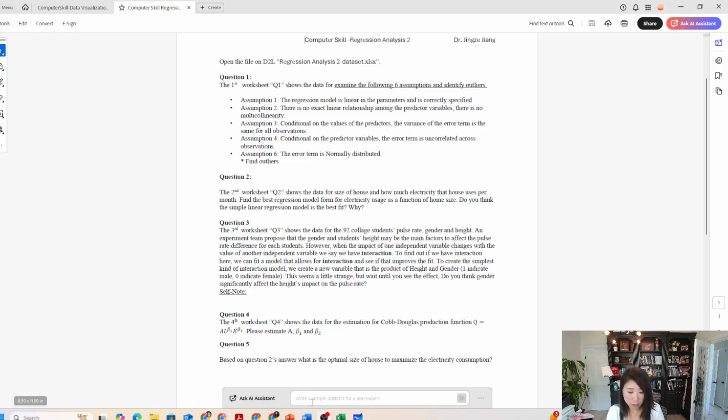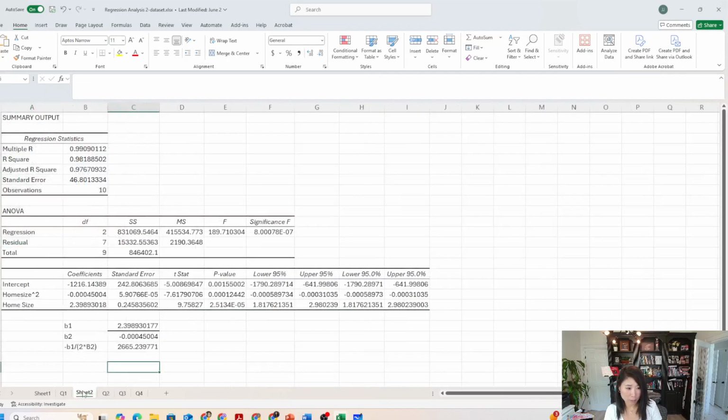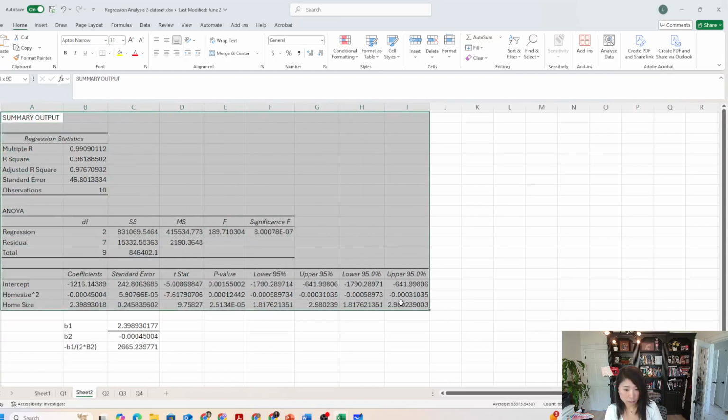A quick recall of what we did in question number 2: we developed our x squared, which is home size squared, then ran the regression model and achieved this regression output. Now, in the last question, we are revisiting this.